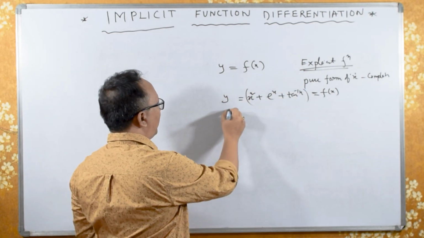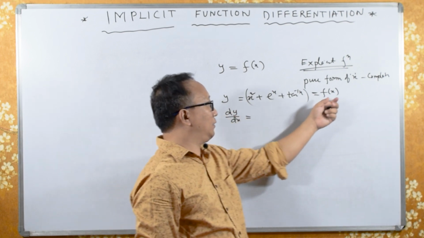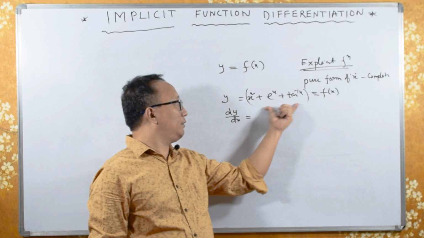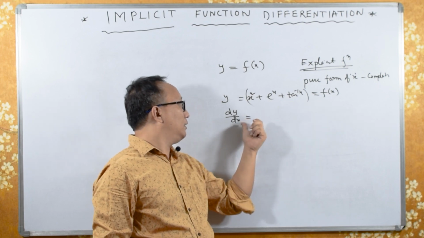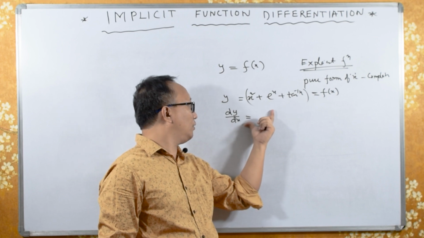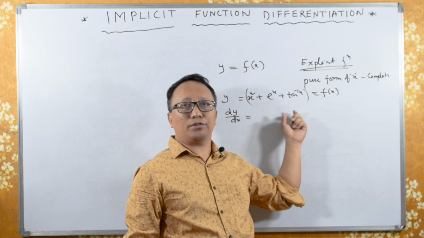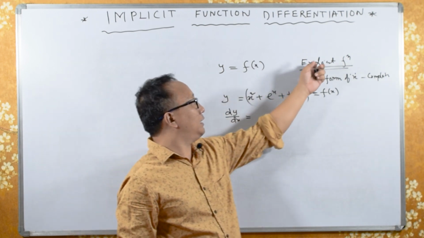Here you can find dy by dx directly, differentiating with respect to x, considering the terms which are different from x as constants.